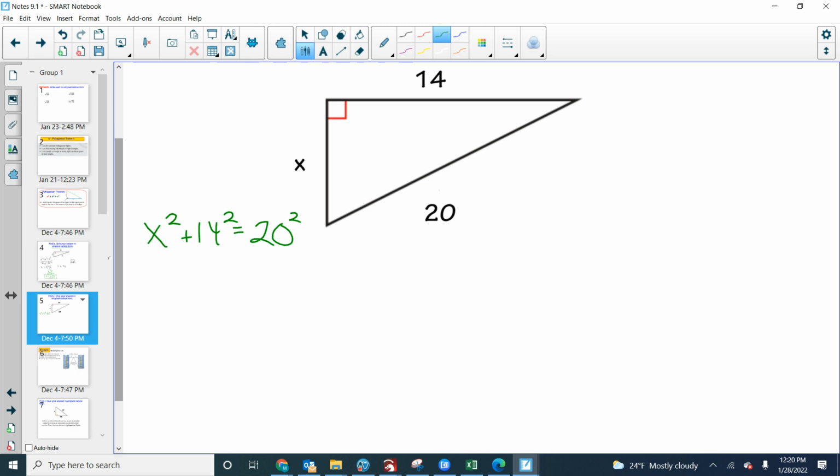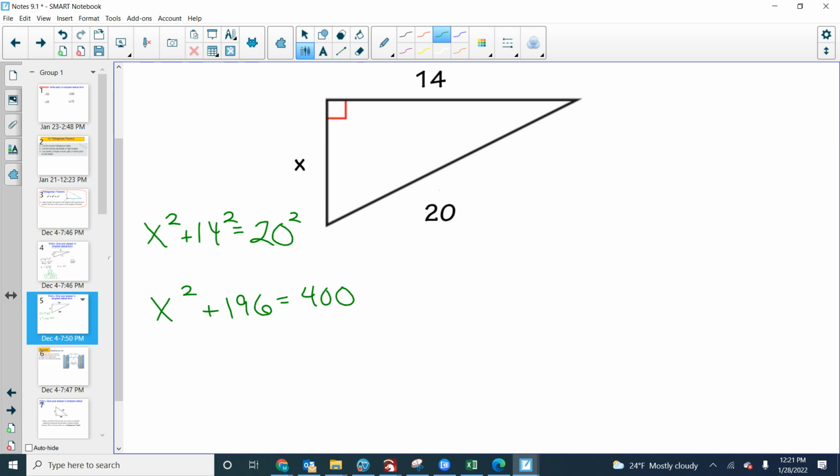So what should I do to solve for x this time? Now, I do want you to show your work. But in the calculator, aren't I doing 20 squared minus 14 squared, and then square rooting that answer? If you want to write it out, x squared plus, I think 14 squared is 196, is that right? 15 squared is 225, 16 squared is 256, yeah, 196.